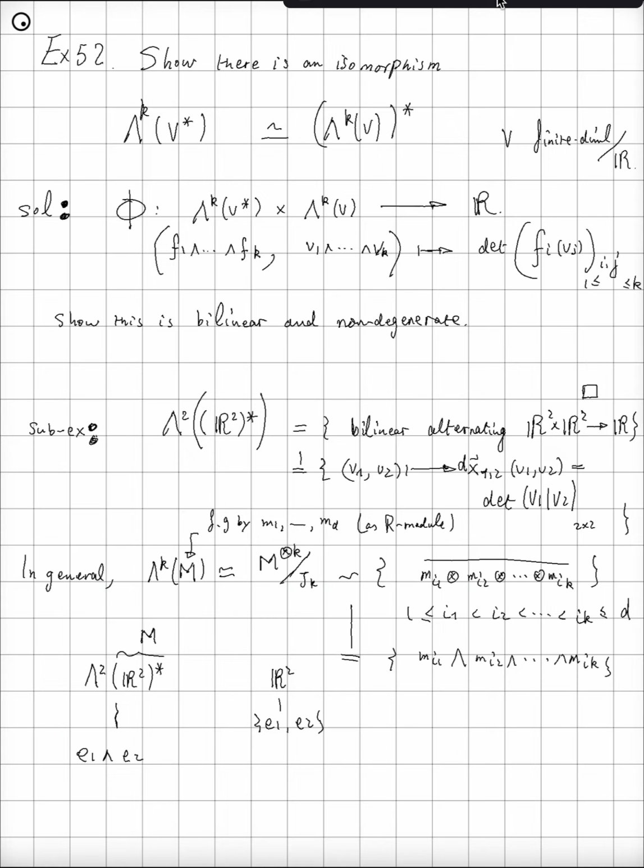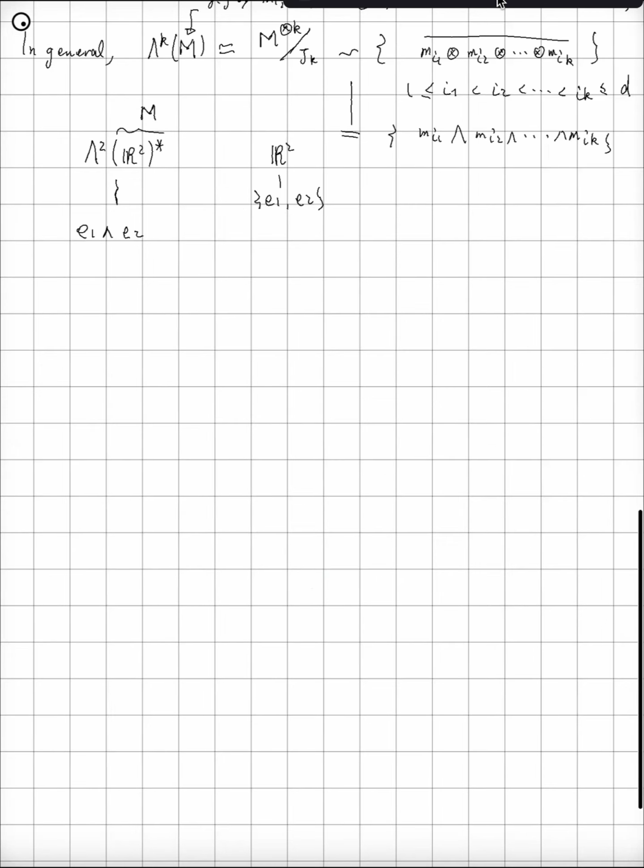It's one dimensional, right? And more precisely, it's not this, but a generating set of M, the generating set of the dual space, which means E1 dual, E2 dual, where E_i star acting on E_j equals delta_ij.